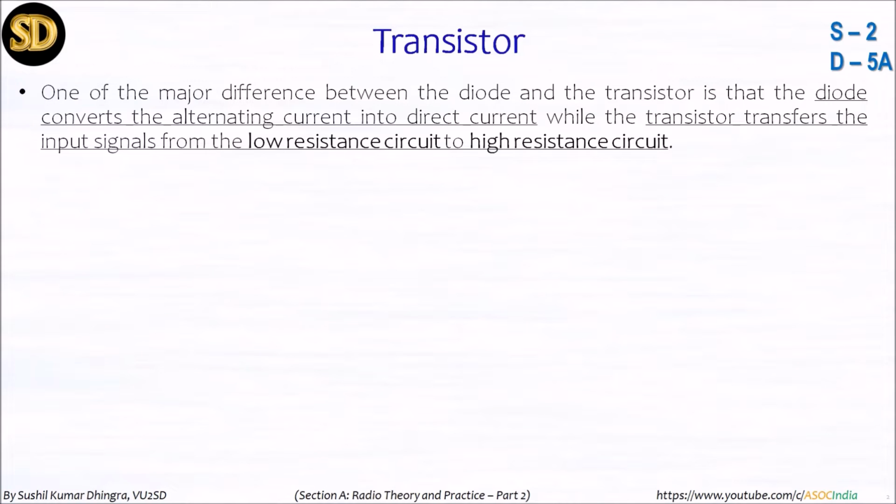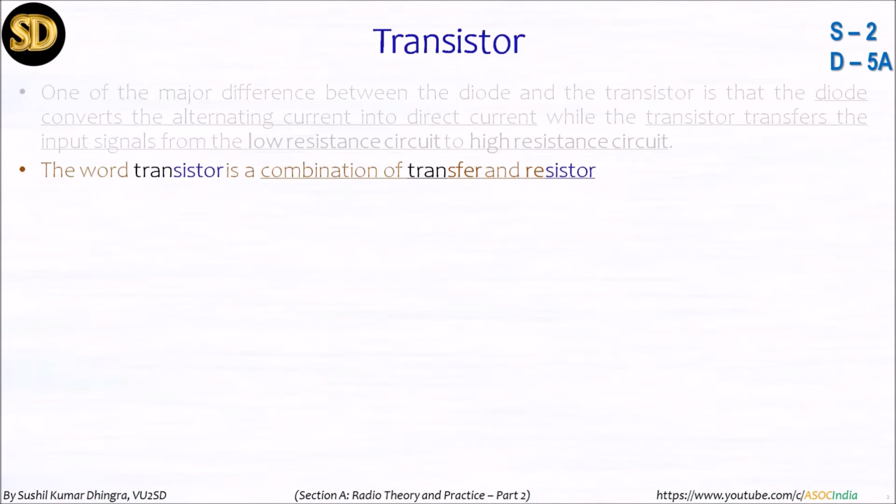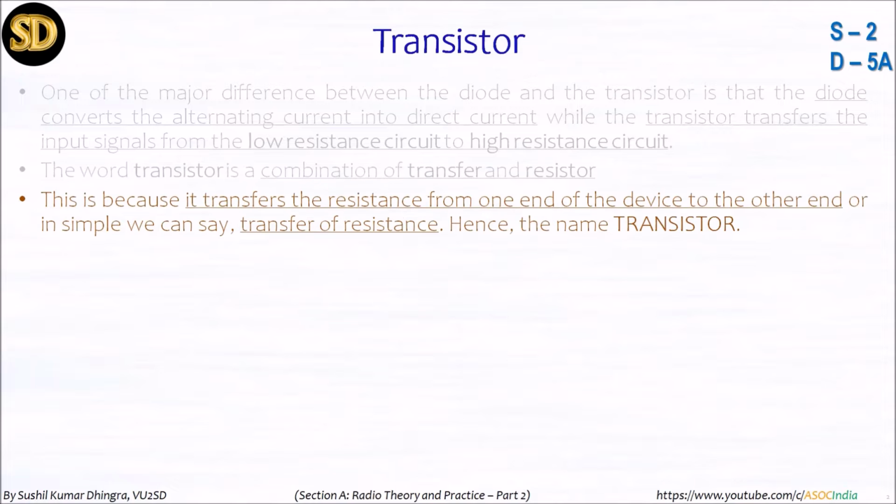The word transistor is actually a combination of transfer and resistor. This is because it transfers the resistance of a circuit from one end of the device or circuit to the other end, or in simple words, we can say transfer of resistance happens. Hence the name transistor.